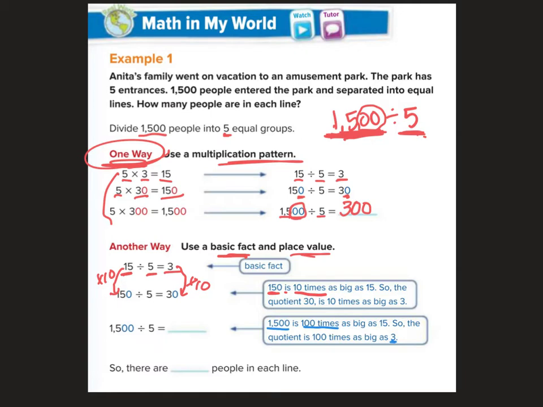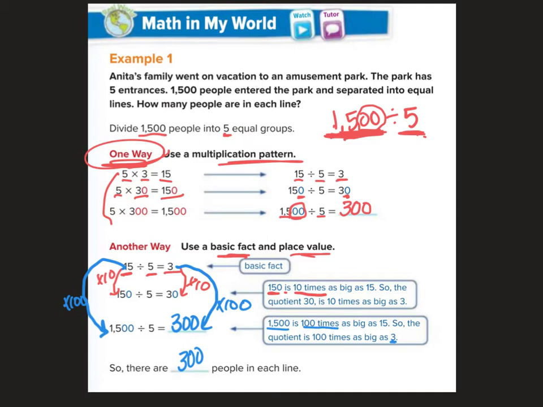Okay, so if I go from 15 to 1,500, I multiplied by 100. And so therefore I need to multiply 3 by 100. So we've got to balance things out, right? So that would get me to 300. Okay, so there are 300 people in each line. There we go.